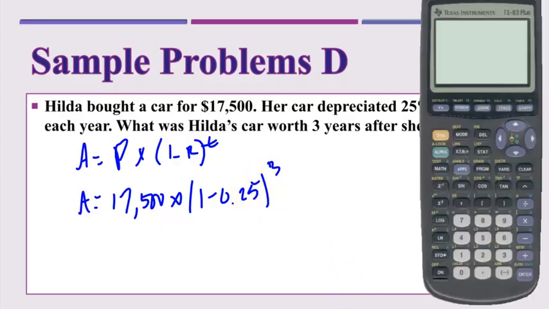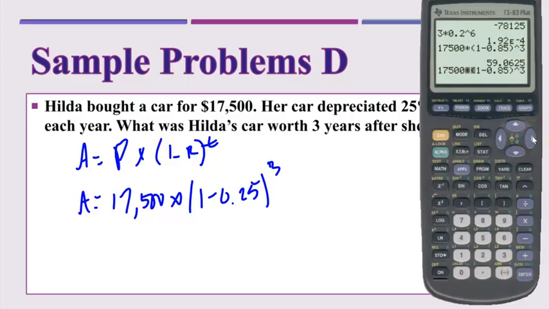Now if I put that in my calculator here, we would have 17,500 times parentheses 1 minus 0.25, and we're going to raise that to the third power. Actually, I did that wrong. Let me edit that.